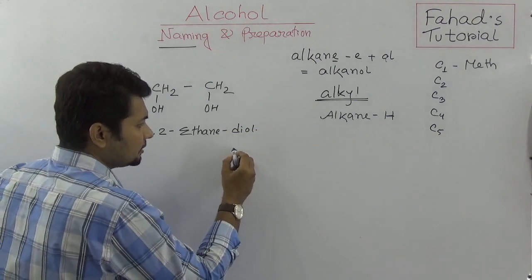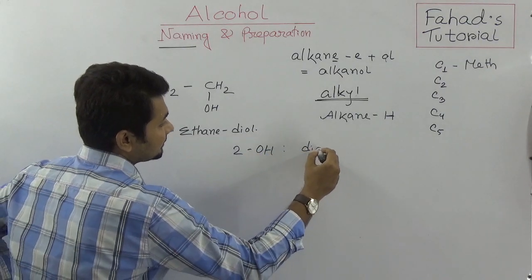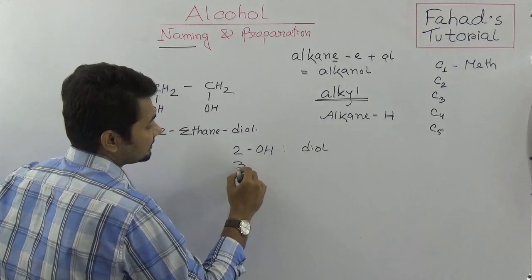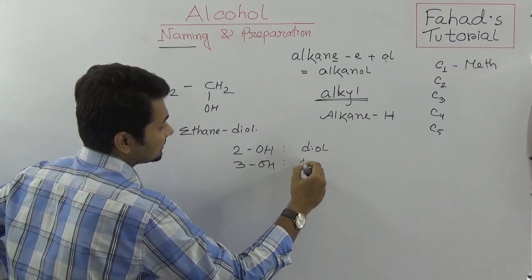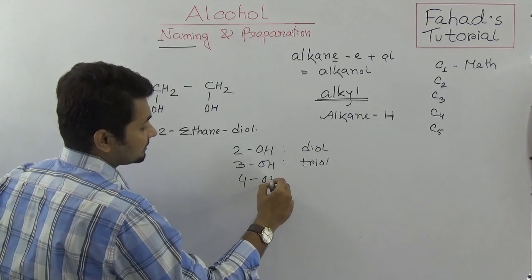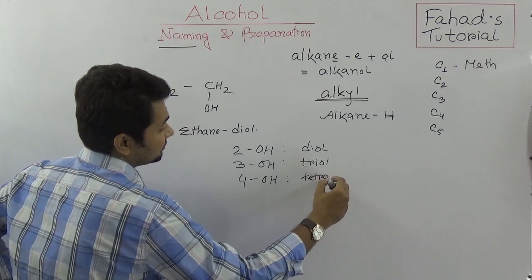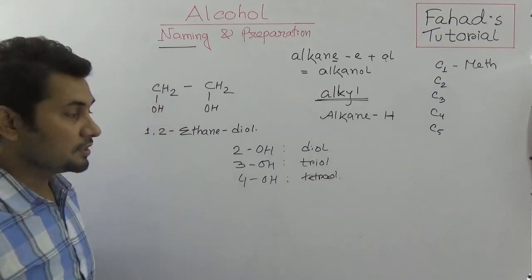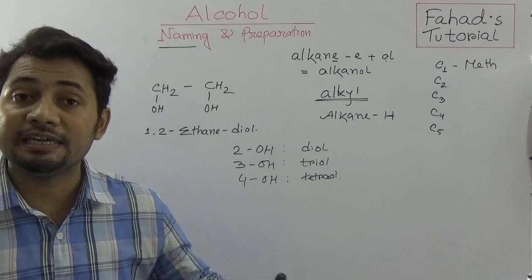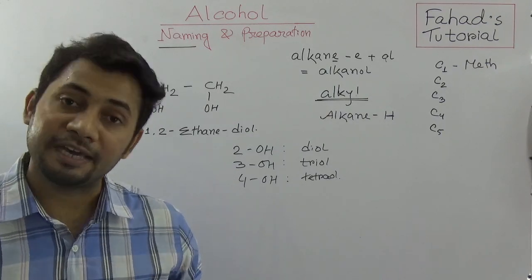If there are 2 hydroxyls, the name would be diol. If 3 hydroxyls are present, then the name would be triol. 4 hydroxyls can also be present; this is called tetraol. So diol, triol and tetraol are named based on the number of hydroxyls.